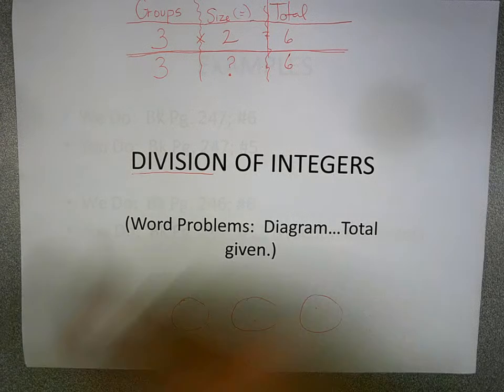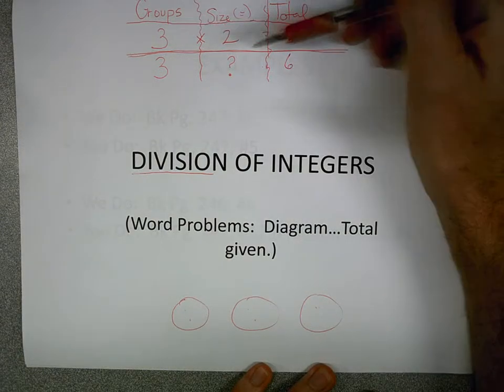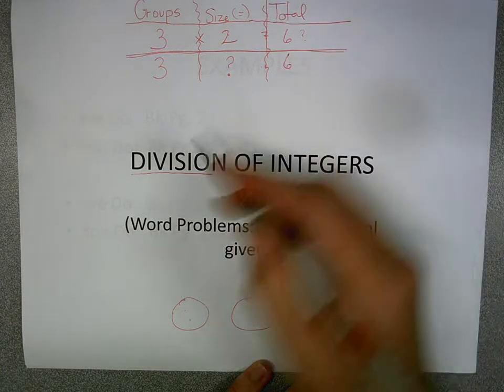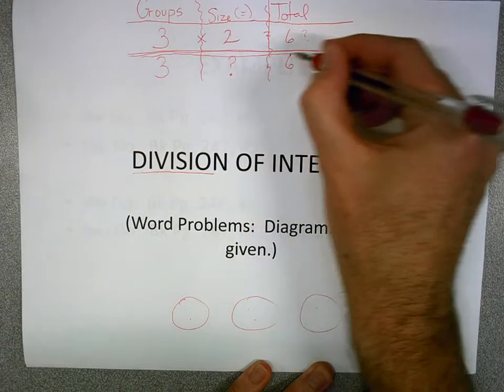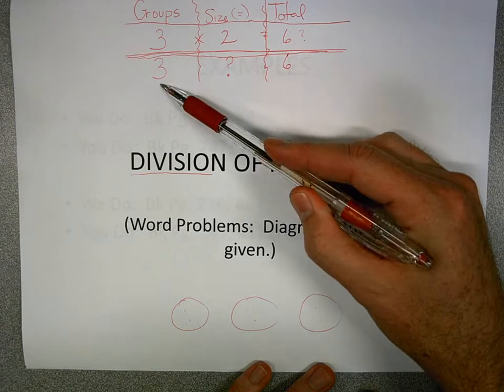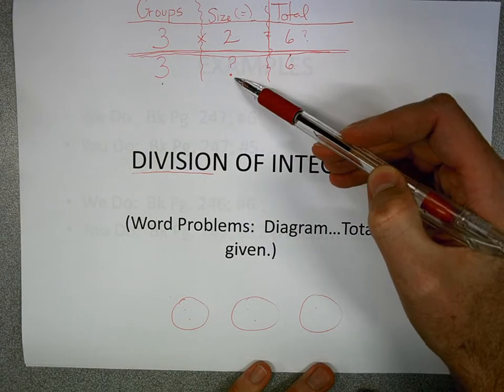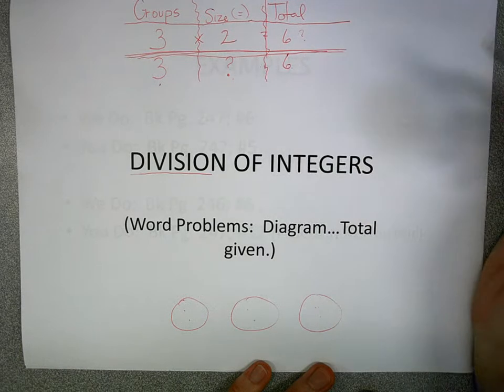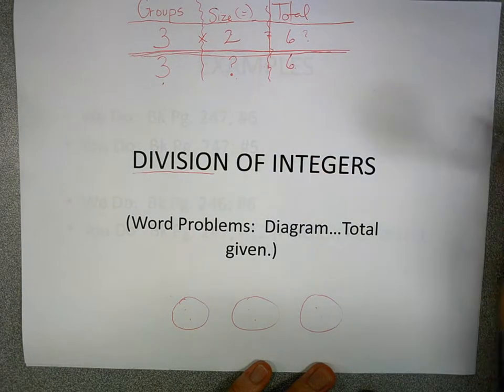All right, so notice on multiplication we had groups, we had size, and we had to find out the total. However, with division, one of the ways it can happen is they give you the total, and then they turn around and give you the groups and ask how many go in each group to make it work. This is division. 6 divided by 3 is 2.